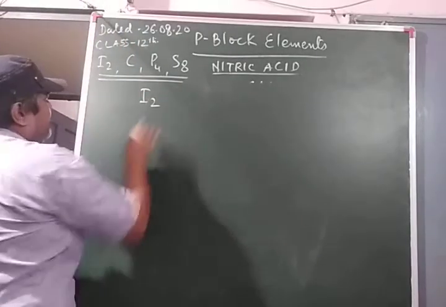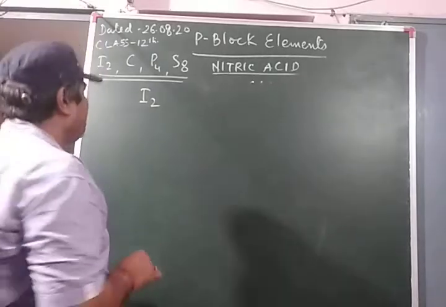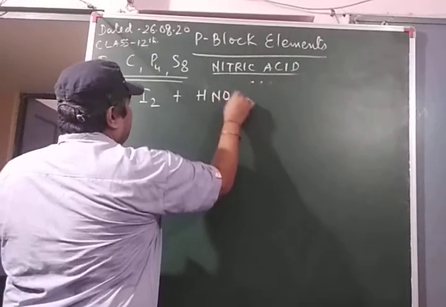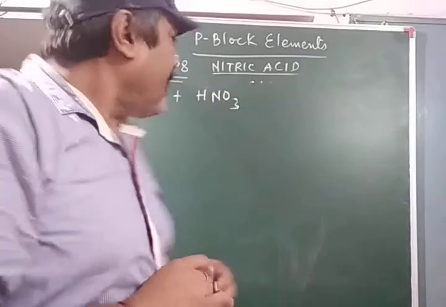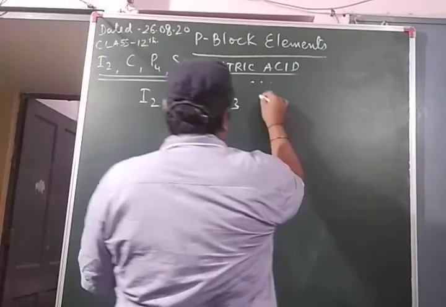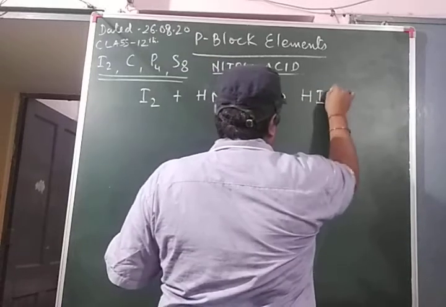Initially I am going to take the reaction of HNO3 with iodine. I2 plus HNO3. Initially I am just writing the products, then I will tell how the balancing will be done. I2 plus HNO3, always an acid will form.